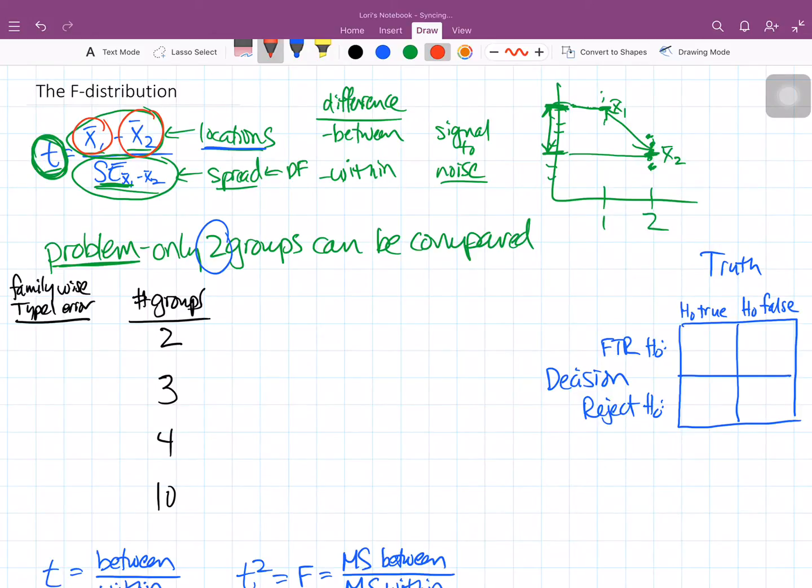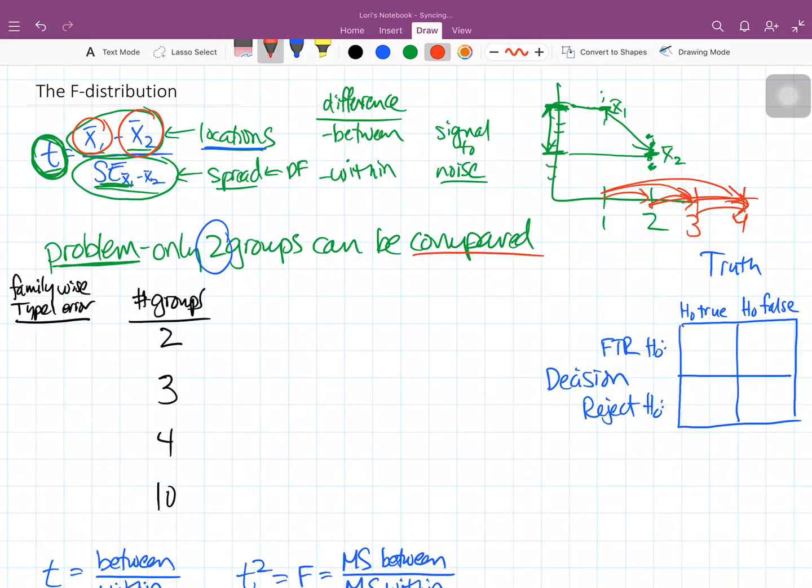And so let's say we have a third group and a fourth group. One person might say, well, let's just compare group 1 to group 2, group 1 to group 3, group 1 to group 4, group 2 to group 3, group 2 to group 4, group 3 to group 4. And you can see that all of a sudden we're starting to have lots and lots of comparisons.